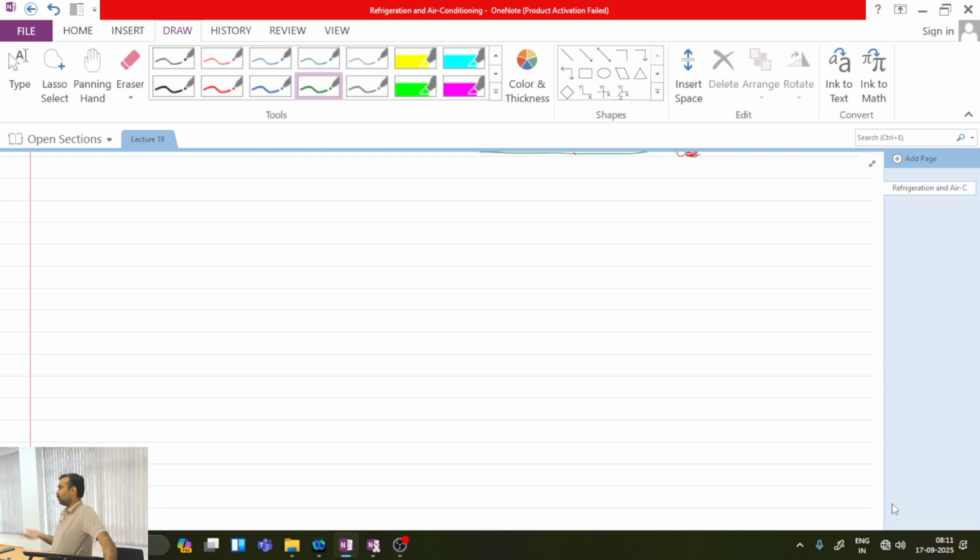Ammonia and water is one example. There can be other combinations which can be used in this cycle, but at present let us stick to ammonia and water. So if I have to analyze all these additional components, in all of them, instead of pure ammonia or pure water, we have a mixture of ammonia and water.